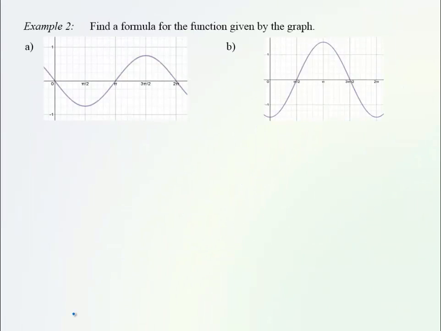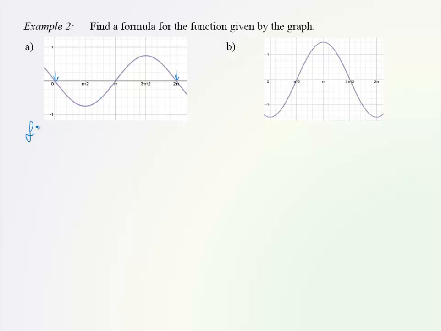In this exercise, we need to recover the formula of the function given its graph. So how can we do that? First of all, we need to decide which section to take as a full period of the function. Here it looks like we should start from 0 and end on 2 pi. So the full period is actually 2 pi, and the shape is similar to sine, except that it's flipped. It doesn't go up, it goes down first.